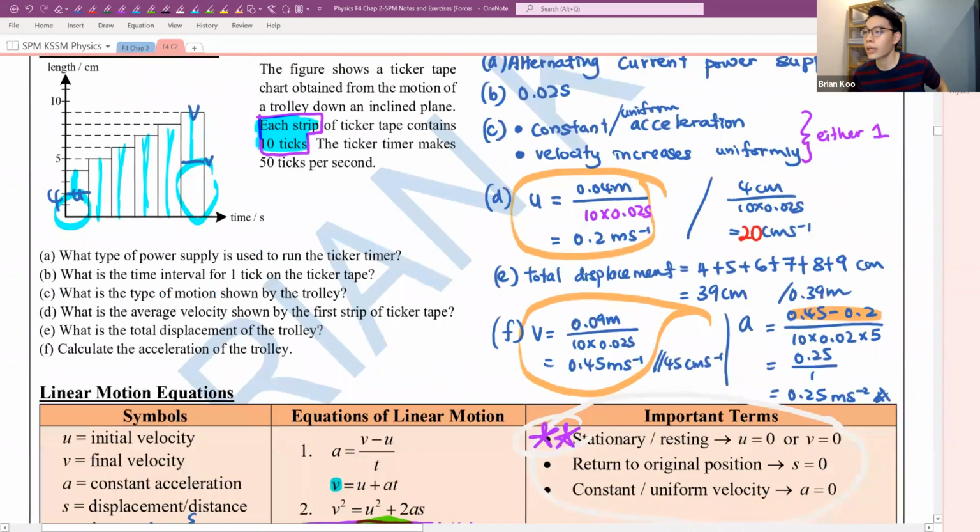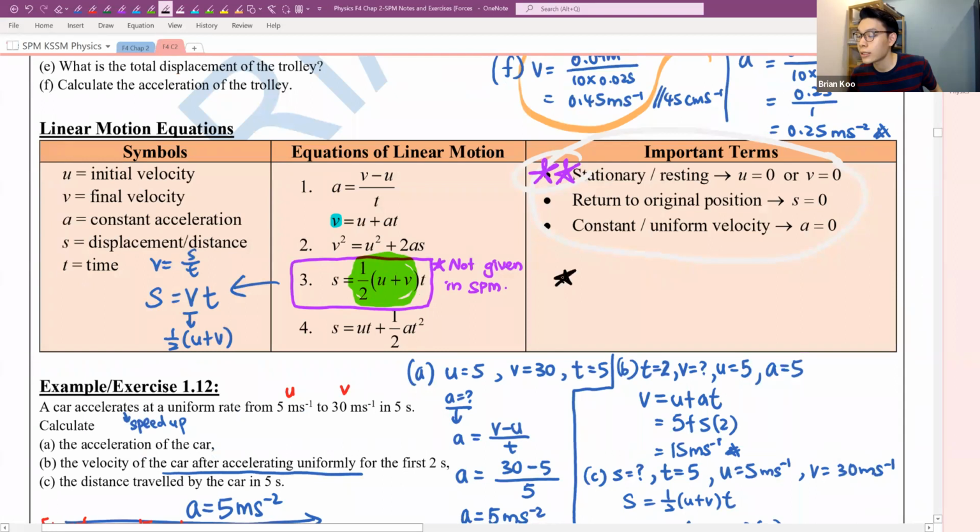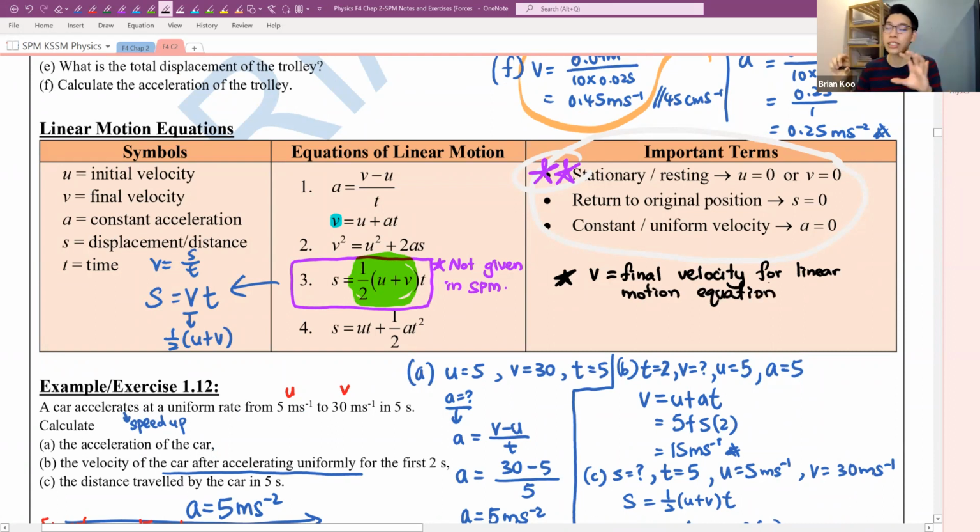Okay, so I'm going to put a star here. V is final velocity for linear motion equation. If you want to use these equations, the V must always mean final velocity. Your V in this linear motion equation cannot be talking about the average velocity.